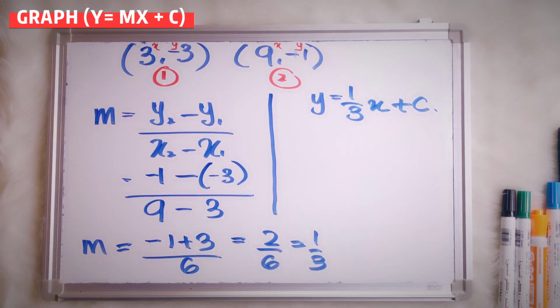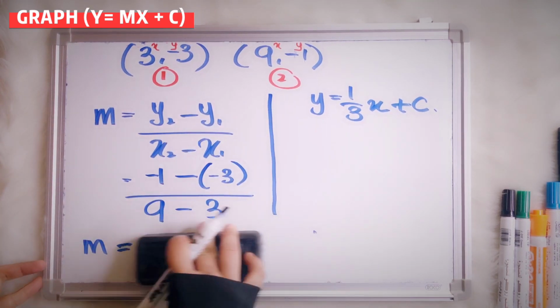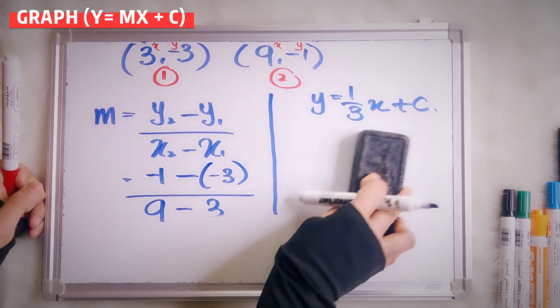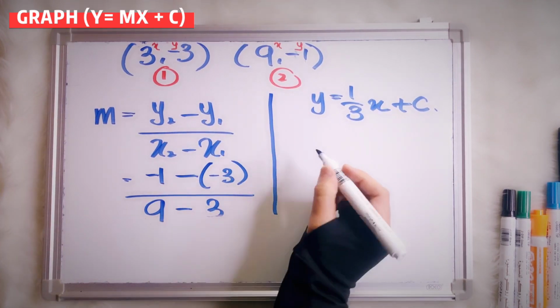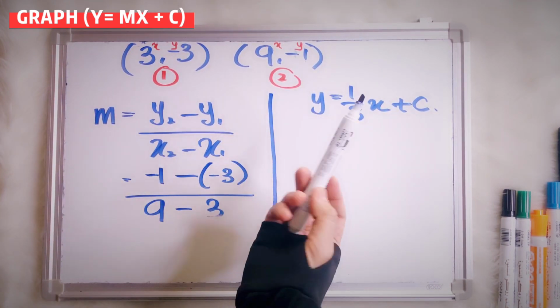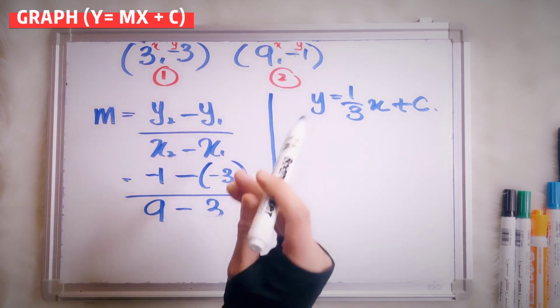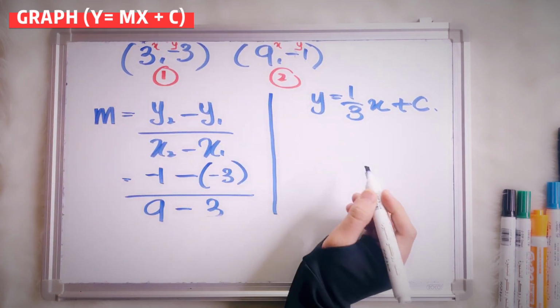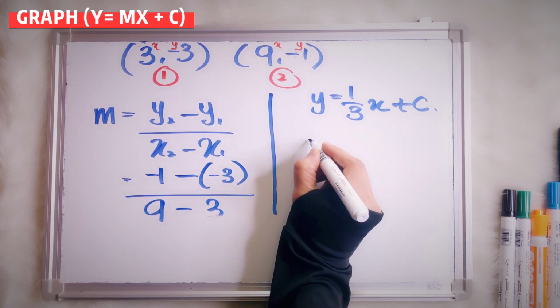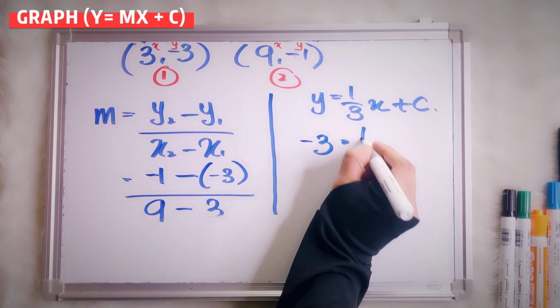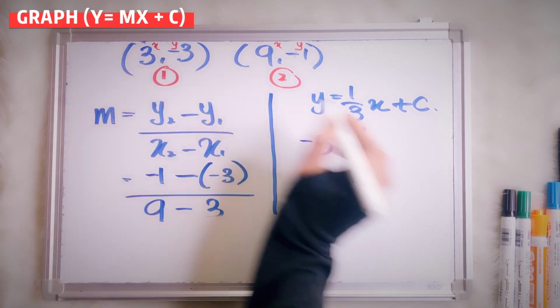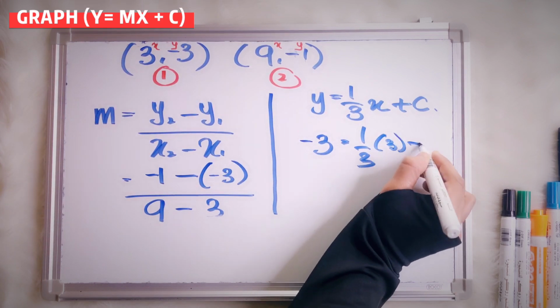Now we want to find our c. Substitute any coordinate you want to take, either the first one or the second one. I put the first coordinate here. So your y is negative 3, and the x value is 3, plus c.